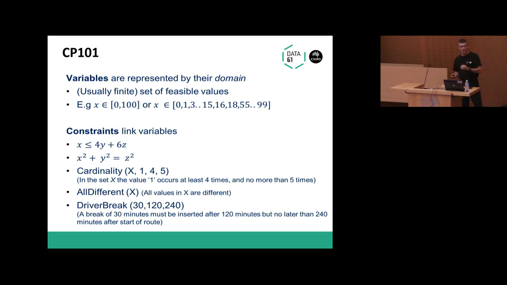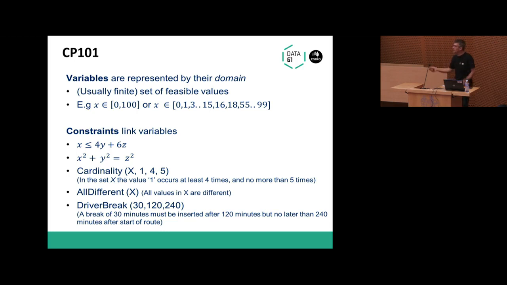The global variables, it's undetermined how many they're going to operate on, because I don't actually know when I'm defining the constraint exactly how many variables are going to be in X. But the cardinality constraint says that in the array X, the variable 1 occurs between 4 and 5 times.